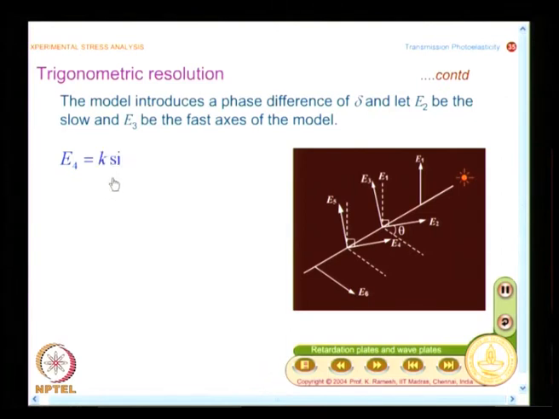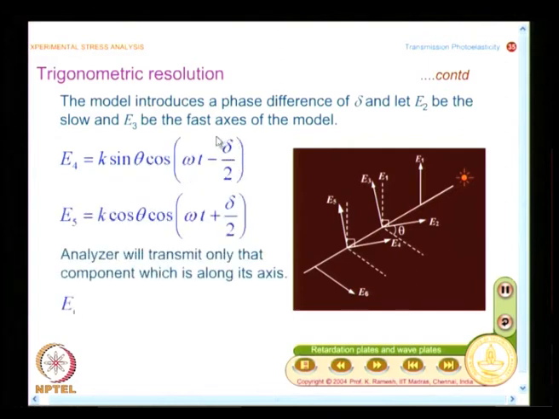The amplitude will not change, but the phase I subtract minus delta by 2, and on E5 I add plus delta by 2. So, E4 turns out to be k sin theta cos(omega t minus delta by 2) and E5 is k cos theta cos(omega t plus delta by 2).